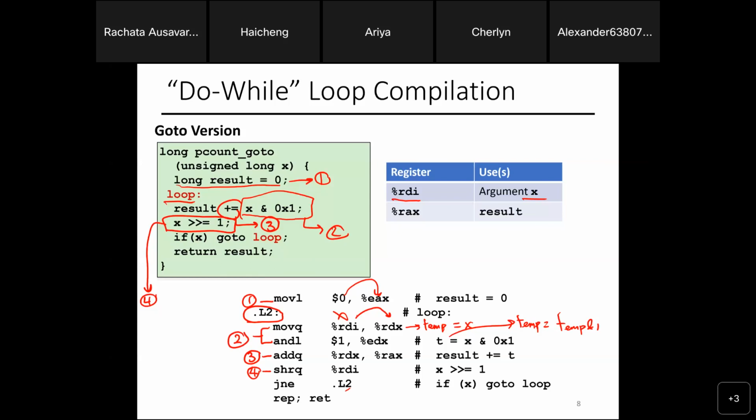In this case, you're shifting, and if the shift results in a 0, you will have the zero flag set to be 1. So you can do just jump not equal. Jump not equal would look at the zero flag. If it's a 1, you don't jump. If it's a 0, you jump. This is step 5, which corresponds to this line.